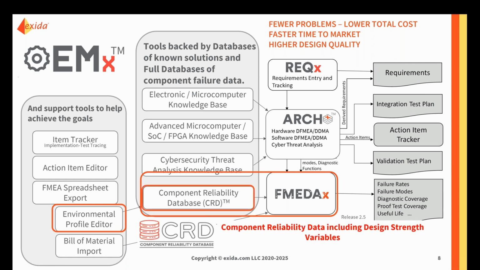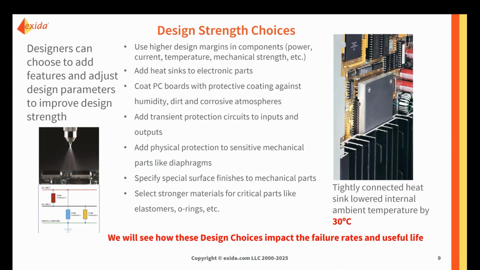This database has the ability to enter in design strength parameters and will adjust the failure rates accordingly. Boy, I wish I had that years ago when I was doing FMEDAs. You always had a failure rate number and maybe a formula to change that for temperature, but we didn't have anything close to what we really needed. I would have enjoyed this tool years ago.